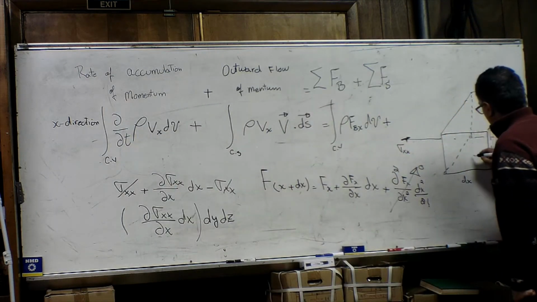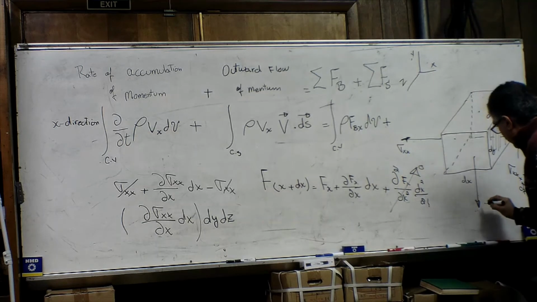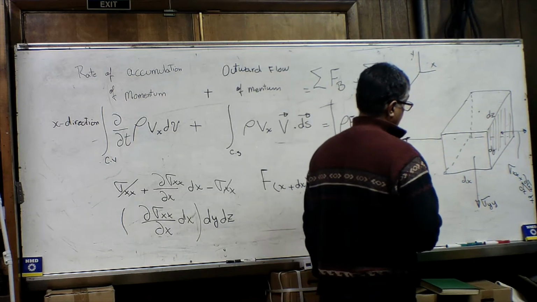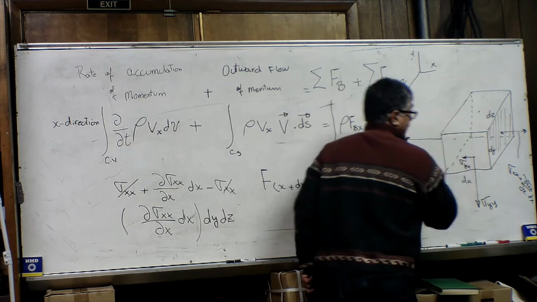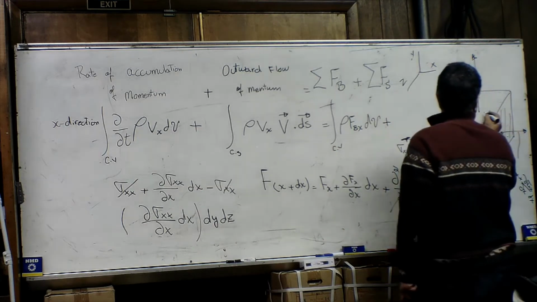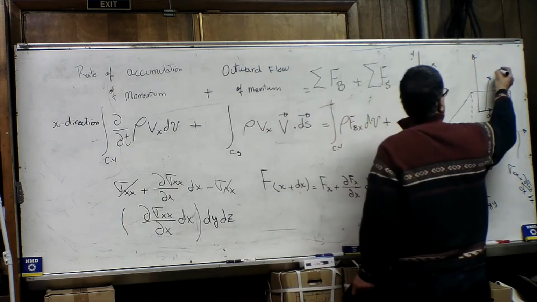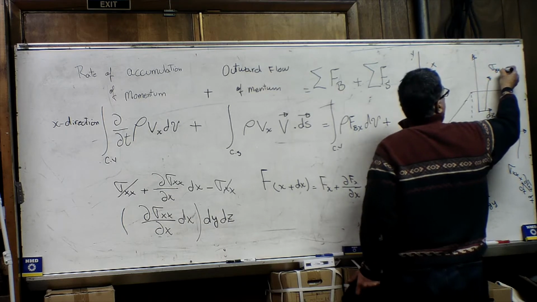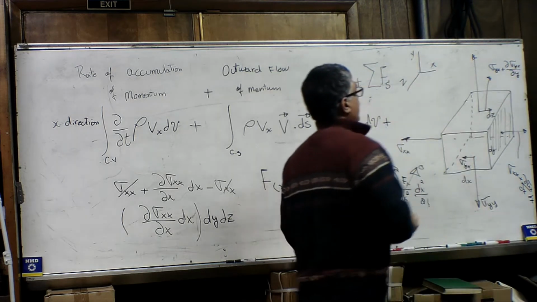Now, if we have the Cartesian coordinate system x, y, z, and this is sigma yy, and let's say that this is the component of that stress in the x direction, so here this will be sigma yx plus the partial derivative of sigma yx with respect to y direction.